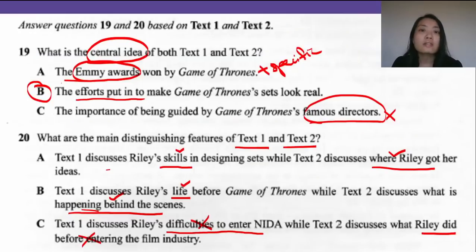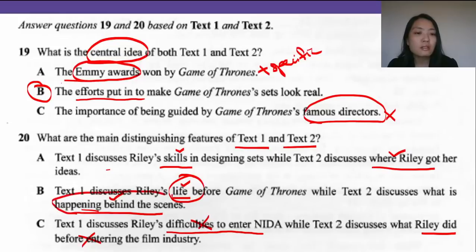So what does the idea sound like to you here? Is it about where she got her ideas from mainly, or is it what's happening behind the scenes? That means when she was working on this, what was it? Earlier we mentioned that in text 1 it is more about life. So does it discuss more about what's happening behind the scenes?